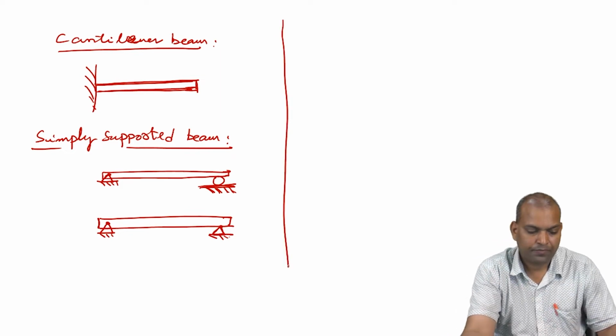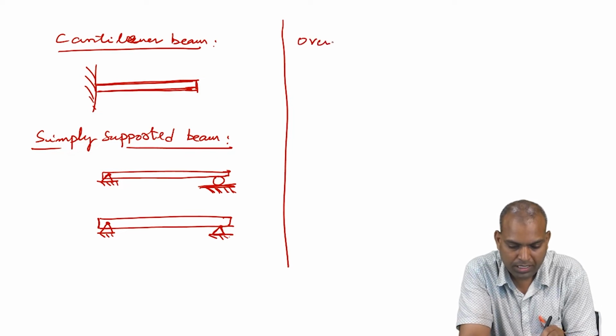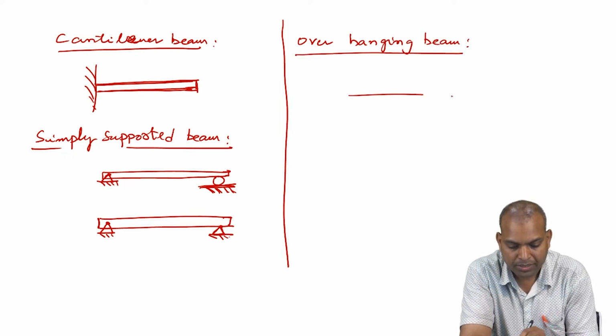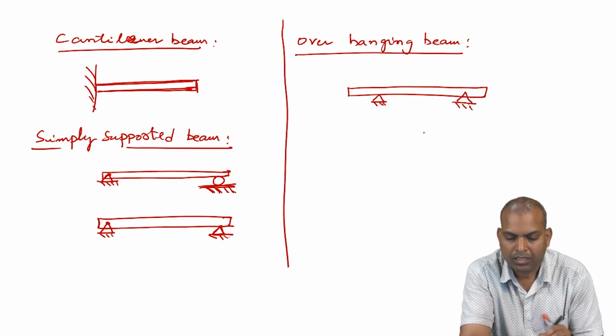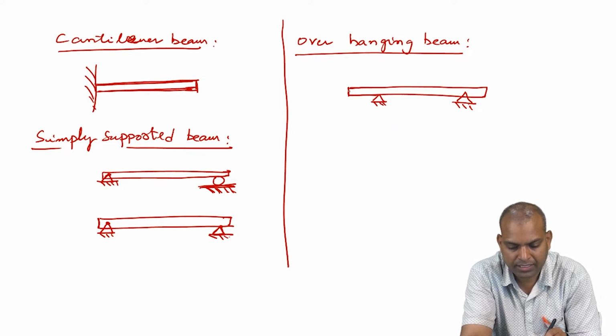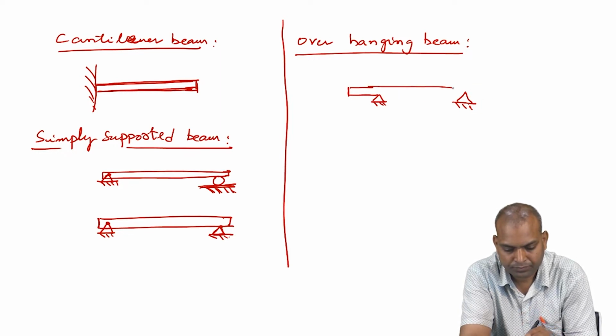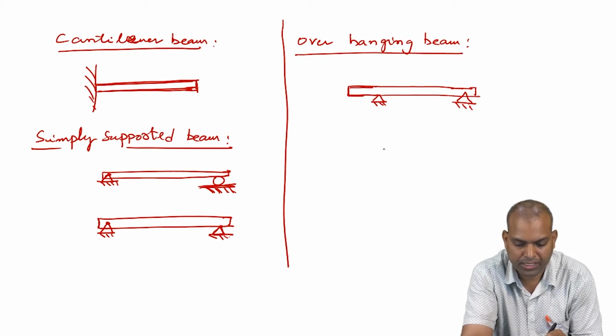Coming to the next, the overhanging beam is supported by either a hinged support or a knife edge support, but one of the ends is extended. There is an extension to the left side.